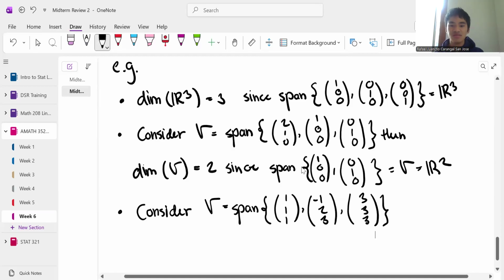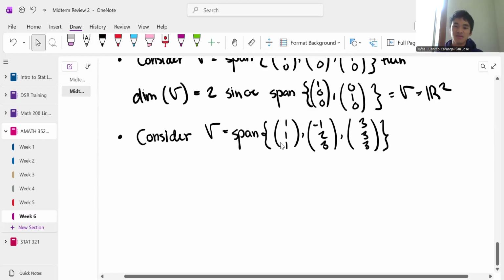Immediately we can see this is a dependent set. Why? Because we can write the third vector as a linear combination of the first one. And so from here, we are definitely going to check that they do not span R3.